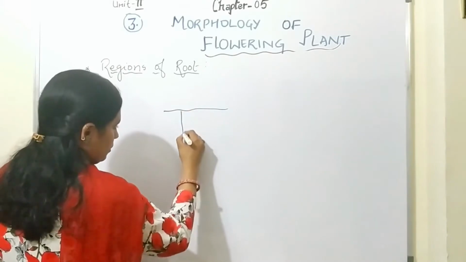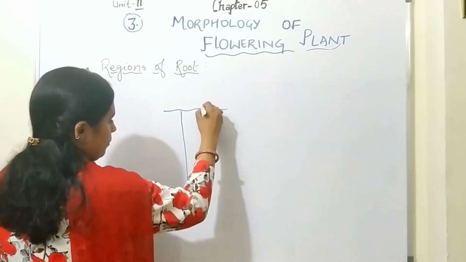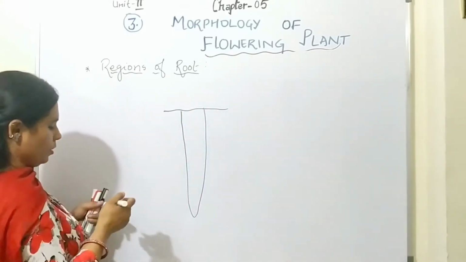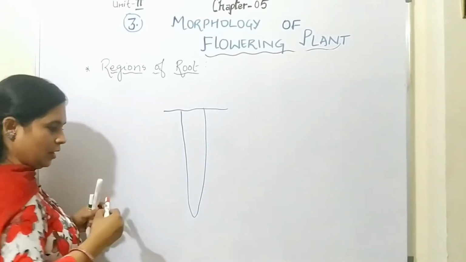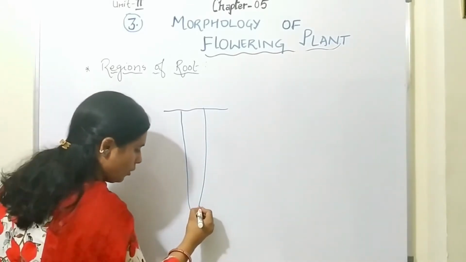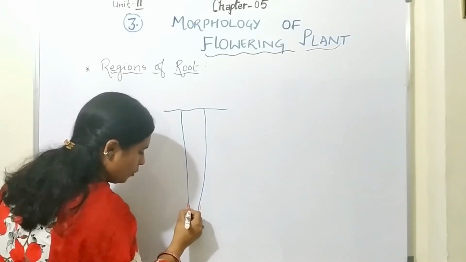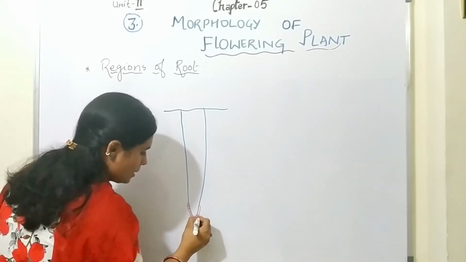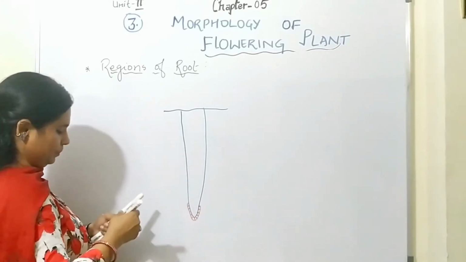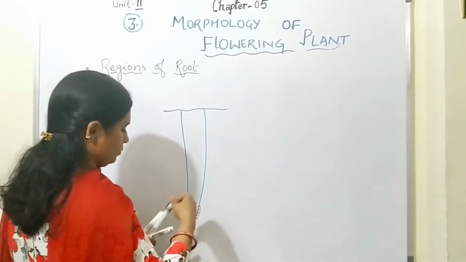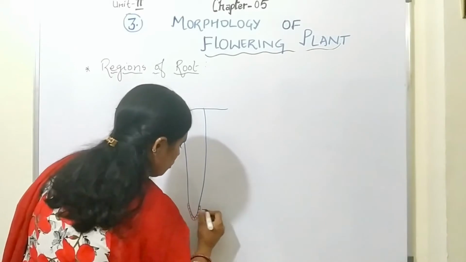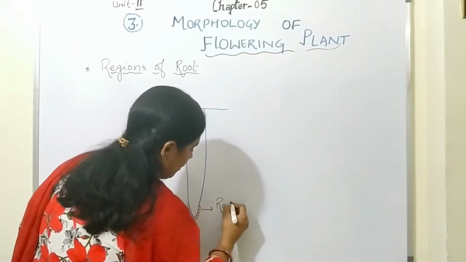So, this is a root. This is the primary root. Now, the first region, the lowermost part of the primary root, is called the root cap. This is the root cap.